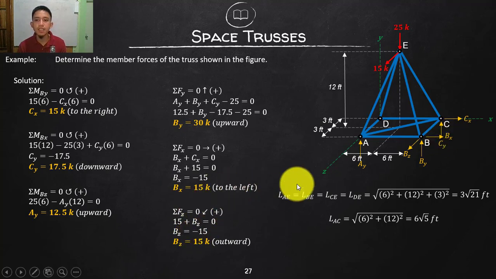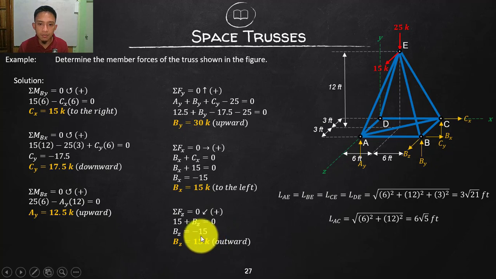And finally, your final bz, which is now summating forces along z, and again, the positive is assumed to be inward. If we say inward, that is going towards us. Okay? That is the positive z. So 15 is going towards us, so positive. BZ is also going towards us, since again, I always assume that it is going away initially.